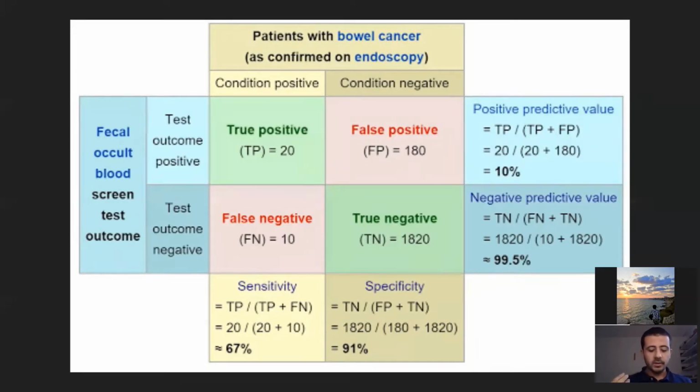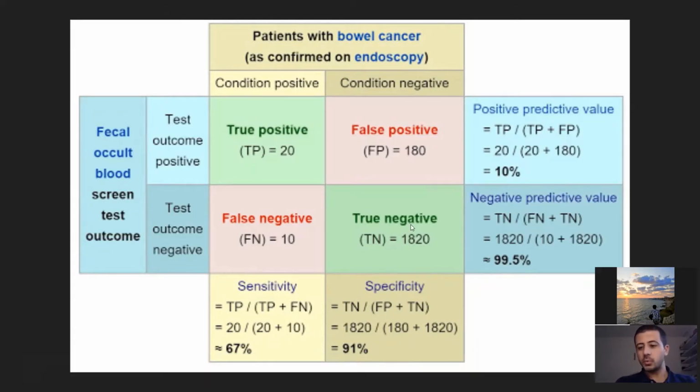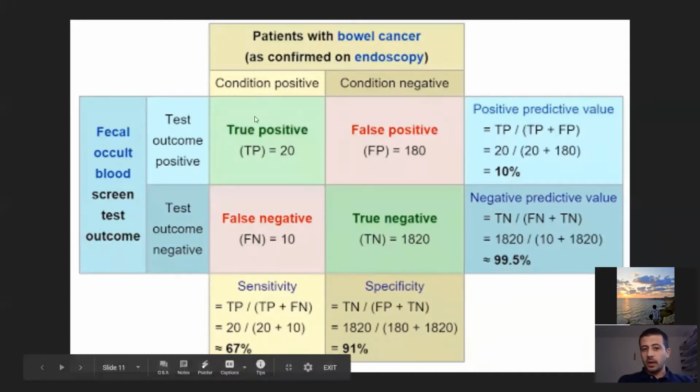When I say there is something that is sensitive, it captures everything that might carry the probability of my inclusion criteria. And it comes from a column. It shouldn't come from those without the disease, because I want those with the disease, so I take it from that column, the condition positive.